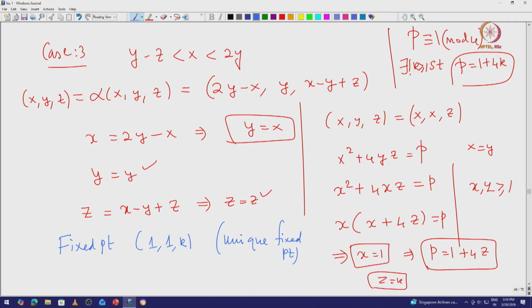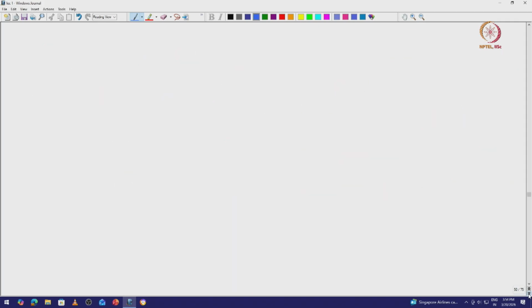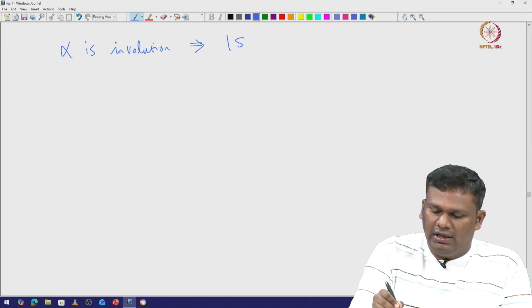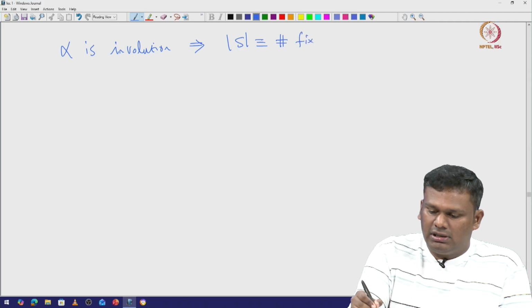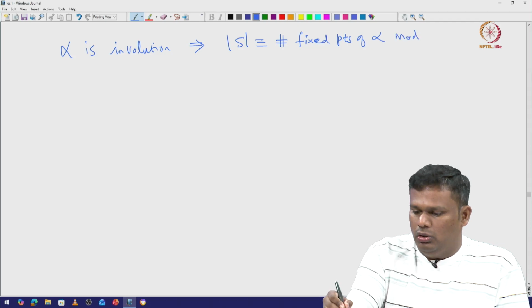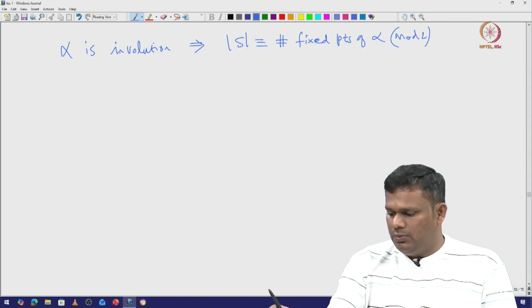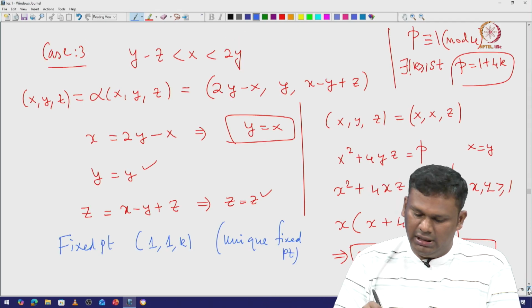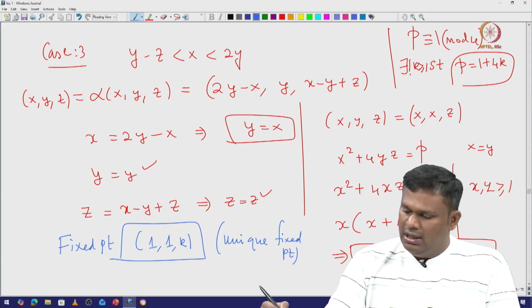Okay. So, that means we could conclude, if we prove that alpha is an involution, that it would immediately imply the cardinality of S is congruent to the number of fixed points of alpha modulo 2, but the number of fixed points we just proved is exactly one.